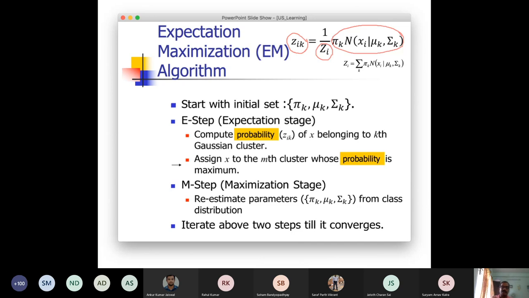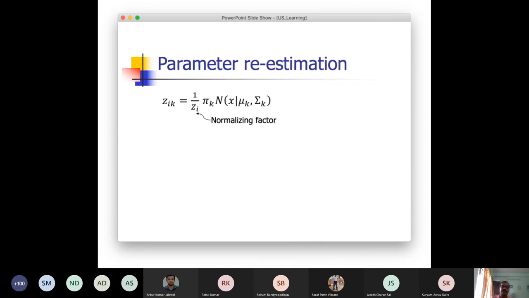Now this is optional. You may not do this, because if you are going for probabilistic reasoning, computing probabilities is sufficient, but you may do it at a certain step. So what you do then is re-estimate these parameters from the class distributions. How are you re-estimating them?